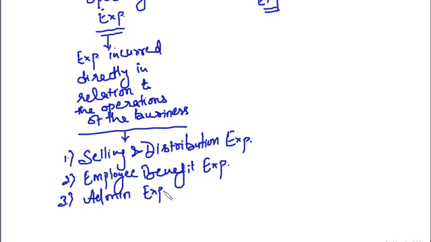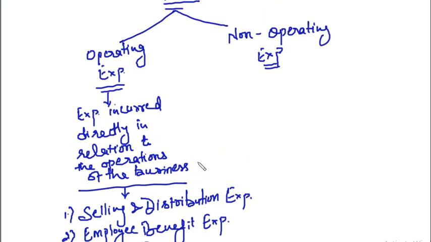If your administrative department is not working efficiently, then also your operations will be affected. If you are not making appropriate expenditure on selling and distribution, advertisement, then also your sales may be lower than expected. Clear? So any expenditure which is directly related to the operations of the business, those are known as operating expenses.